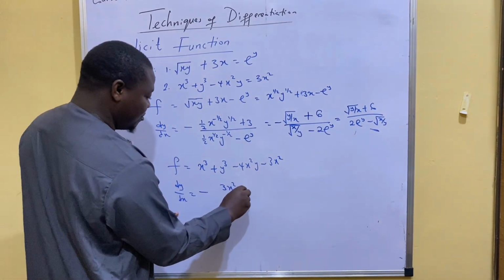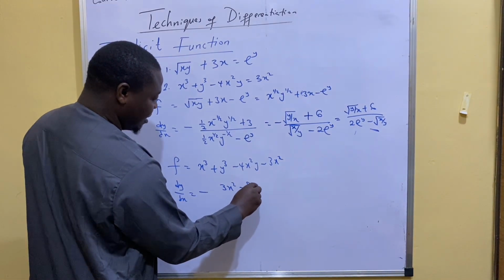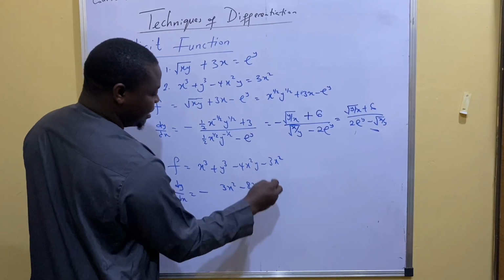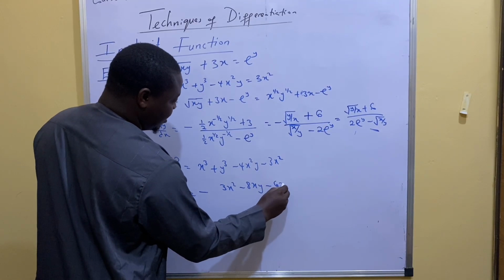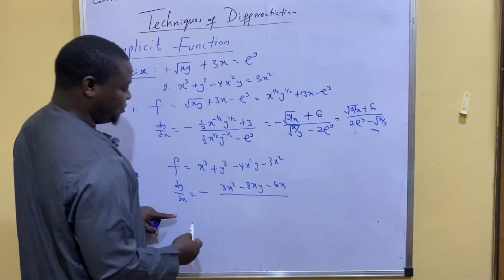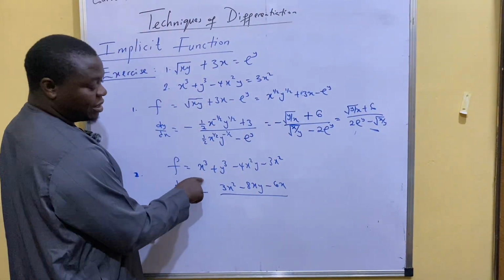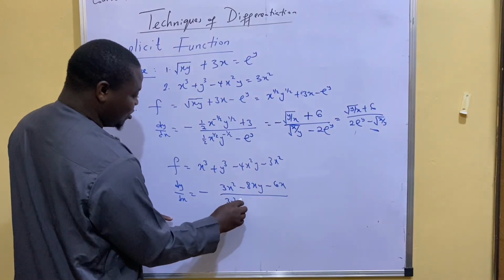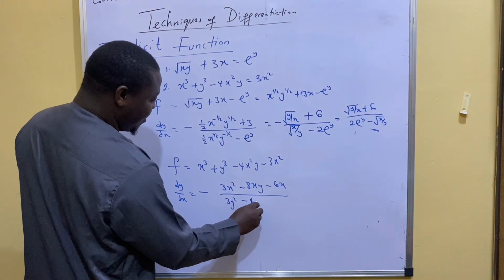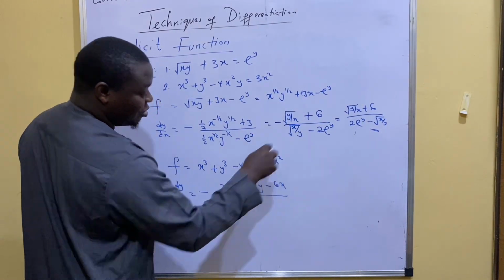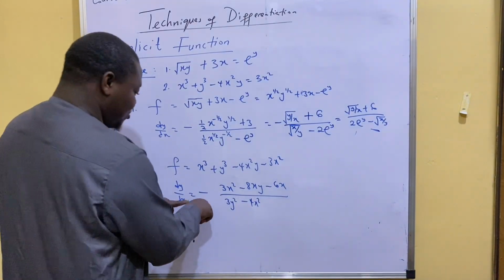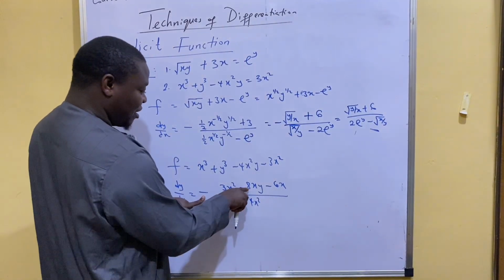Then this will become minus 8xy. Then here will become minus 6x divided by, so now with respect to y, this one becomes 0. We now have 3y squared minus 4x squared. Then that also becomes 0.